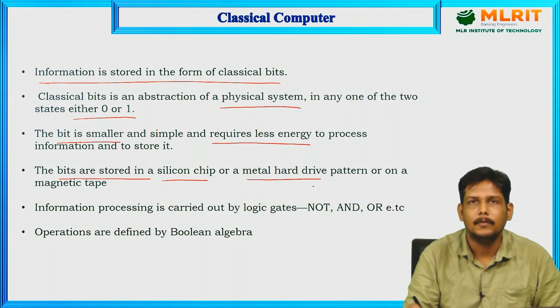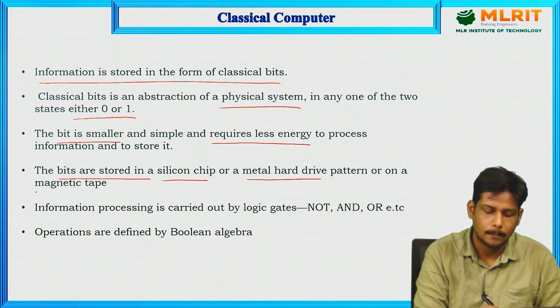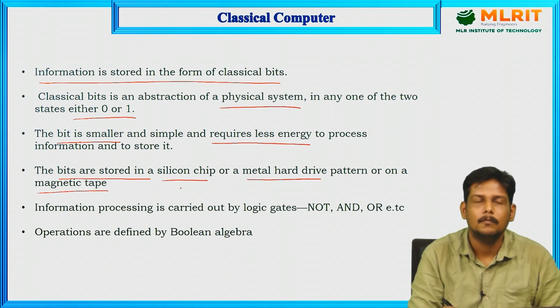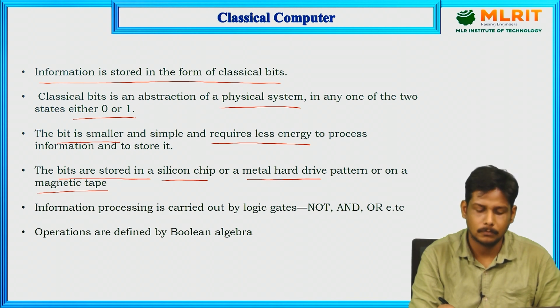Using an electric field, we can modulate the dipole moment of the ferroelectric material and store a 0 and a 1 state. Or you can store it in a magnetic tape, where we use magnetic material. Applying a sufficient magnetic field polarizes it to state 1, and it is magnetized to state 0.